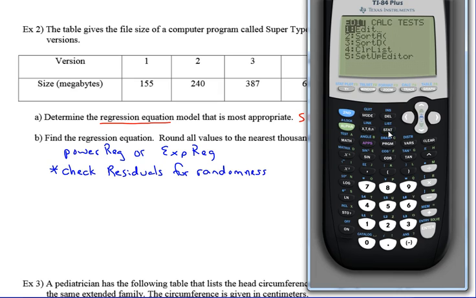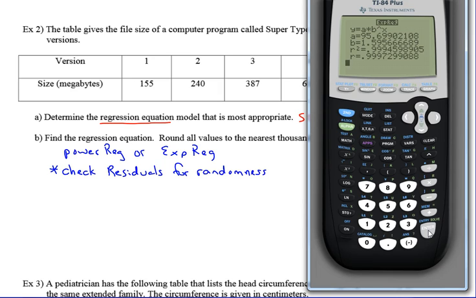Then I'm going to hit stat again and run the exponential regression, because in order to look for the residuals, I have to actually run the regression first. Data's in L1 and L2. I don't have to store the equation, so I'm not going to worry about that. I'm going to go down to calculate and run the exponential regression.